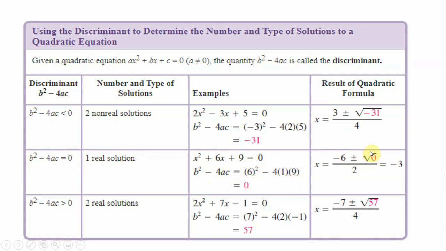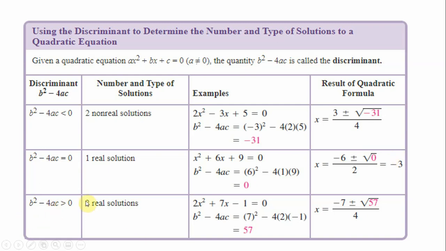The square root of 0 is 0, so I have no plus or minus. Negative 6 plus 0 is negative 6, negative 6 minus 0 is negative 6. So I have the one solution x equal to negative 3, but I like to carry along the idea of its multiplicity. It has multiplicity 2. Later on we're going to refer to that as how many factors need to be there when we're representing the quadratic as a pair of factors.